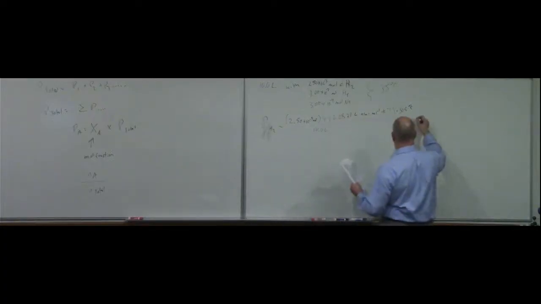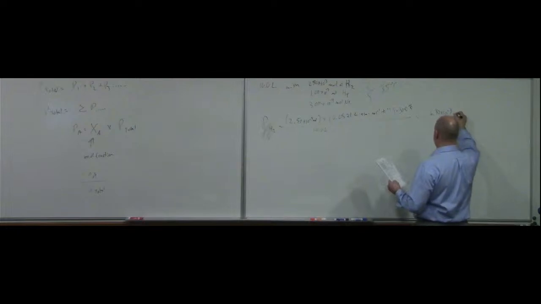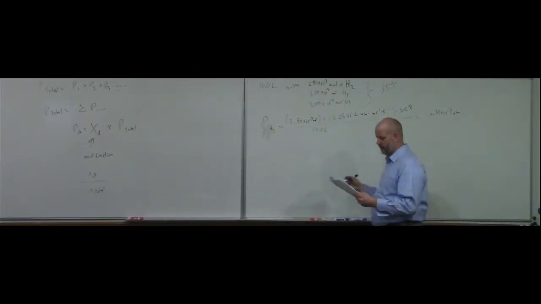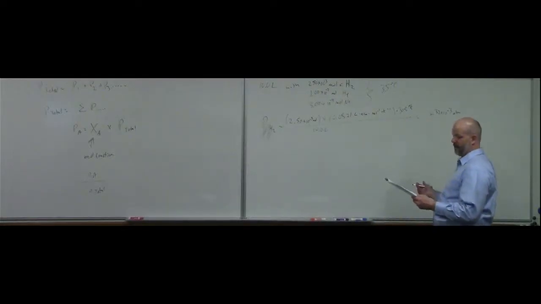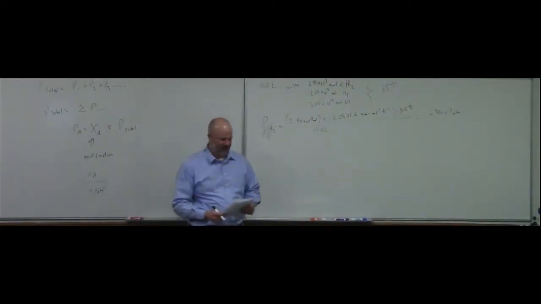And that will also give me my 6.32 times 10 to the negative third atmospheres. Right? I can repeat that for each one, and then sum them up, and that'll give me my total pressure. Okay? Probably easier than the way I took. But I tend to rush into things backwards.